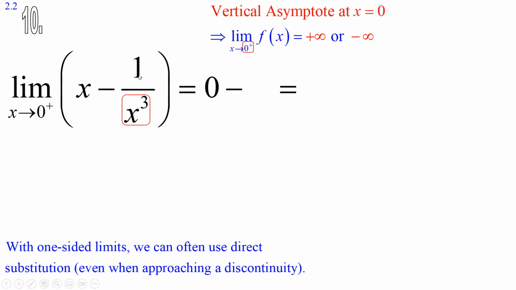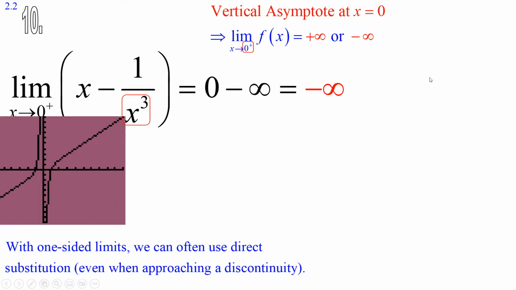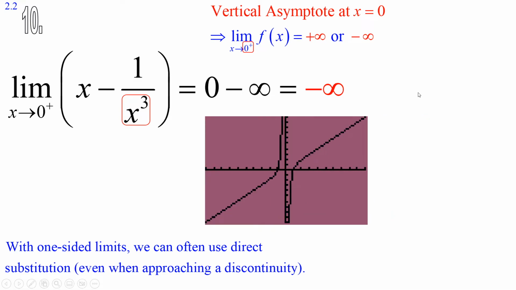So what is any real number over a positive number approaching 0? That would be infinity. So that is 0 minus infinity, or negative infinity, and that was one of our two possible solutions. And there's the graph if you want to check it out there too. Awesome. Okay. Yeah, it looks like we're approaching negative infinity to me.